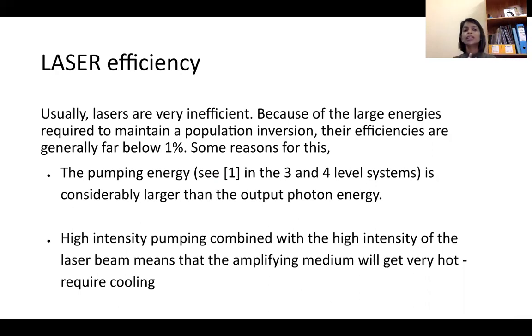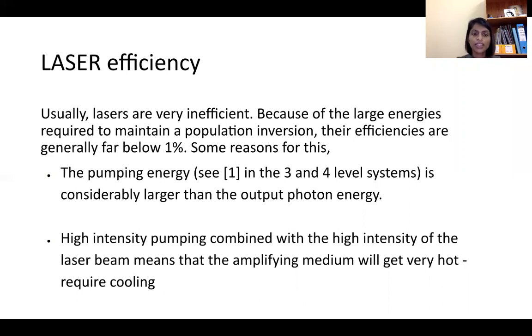So the pumping energy is higher, which is required to maintain population inversion in 3-level and 4-level laser systems, because the metastable energy level that helps keep the population inversion active has a lower energy compared to the pumping energy source. So their efficiencies are generally far below 1%.